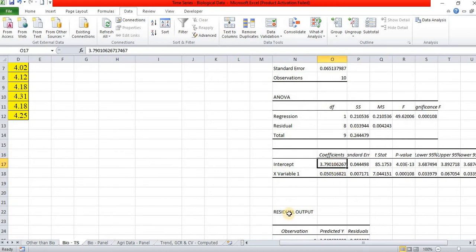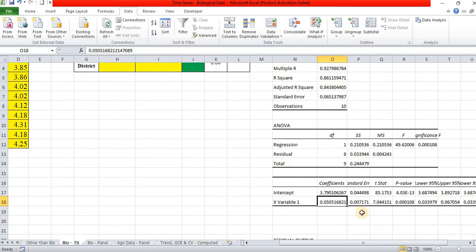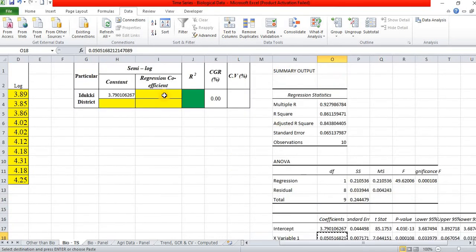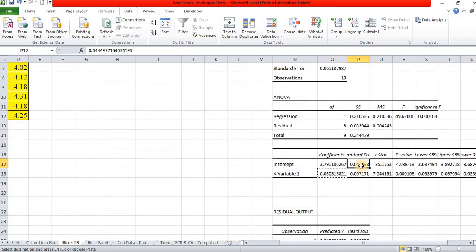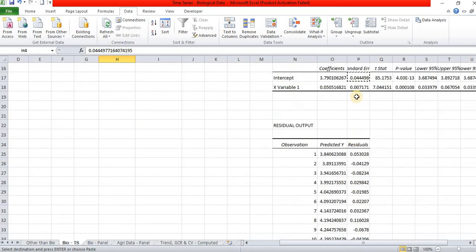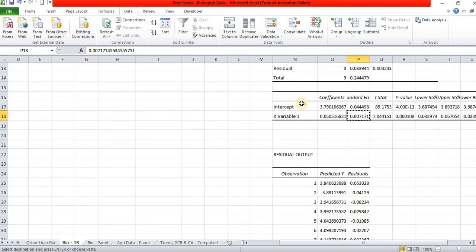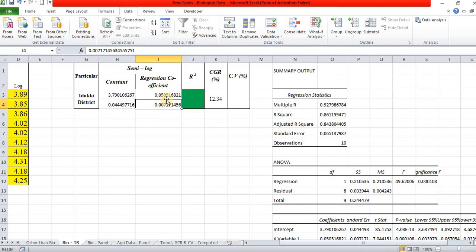Let me copy this: intercept, error value of constant, error value of slope.